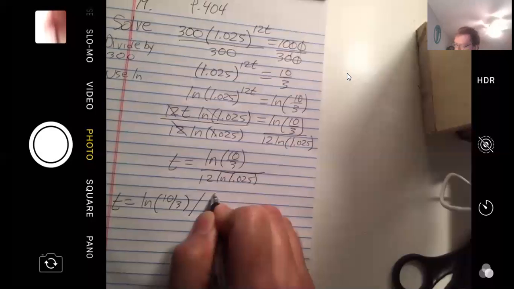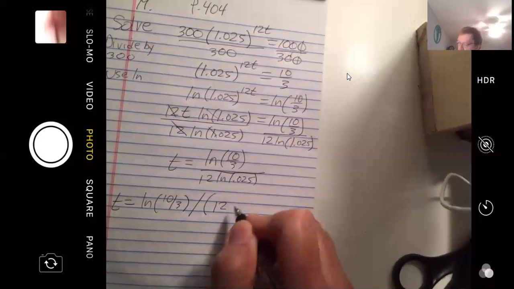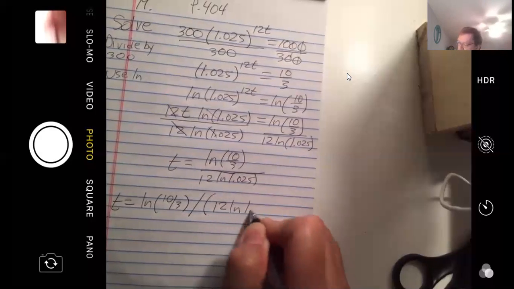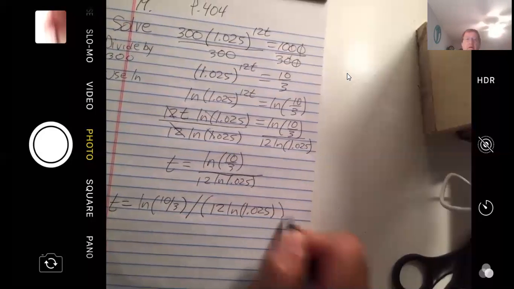All right, now this is not the easiest punch, but I'll write it out horizontally. ln of the 10/3 divided by, now you're going to need parentheses, 12 ln of 1.025. I'll have parentheses there on the calculator, another set there.